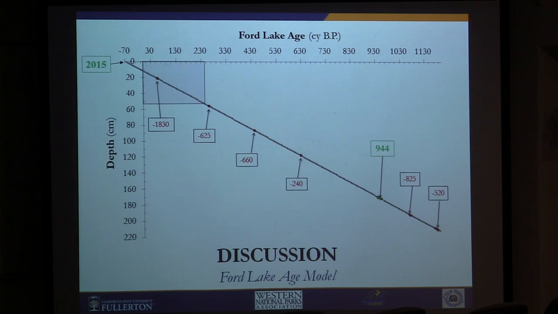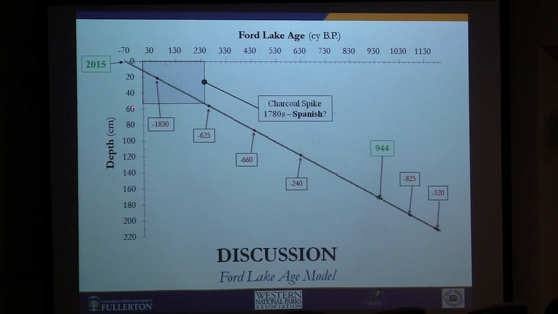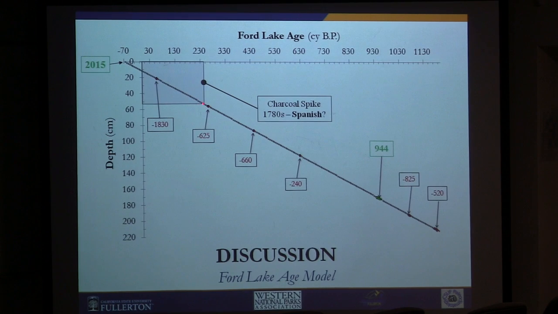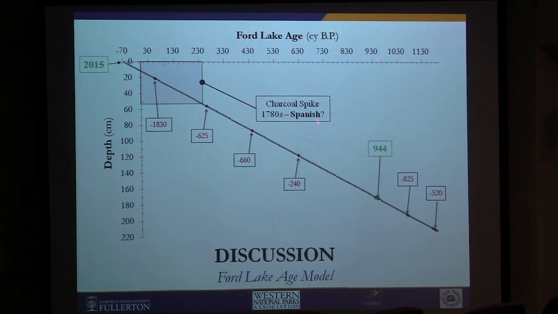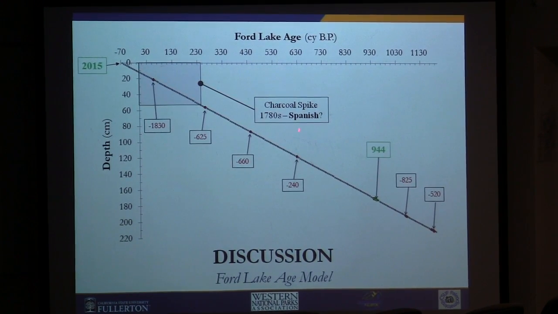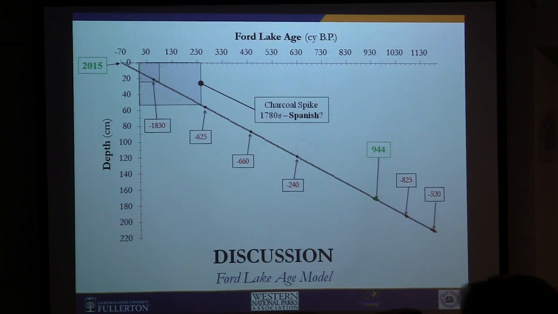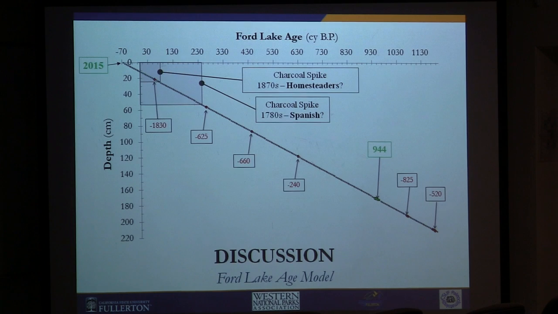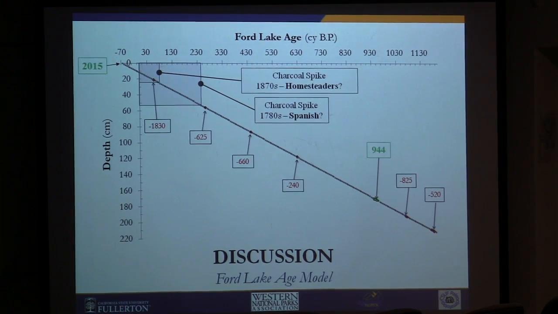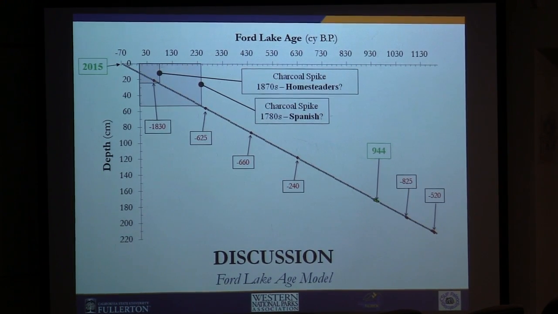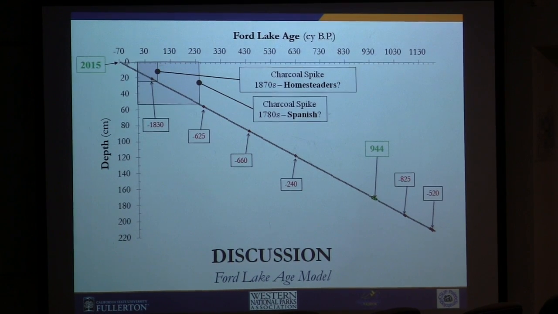What I end up doing here, the squares, we have the first charcoal spike. If you take the depth and the age here, it starts to fit pretty well, and this might be around the 1780s, might be when the Spanish first were coming into that region. I also have another little spike around the 1870s of the charcoal, where possibly homesteaders came into play here.